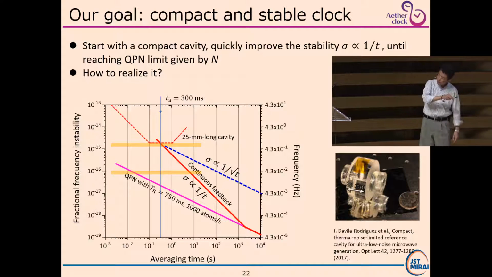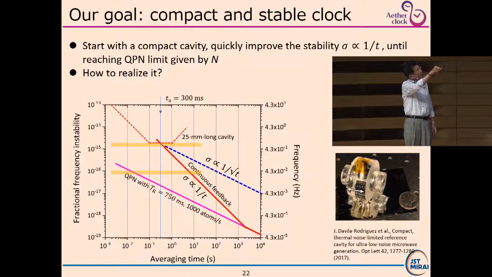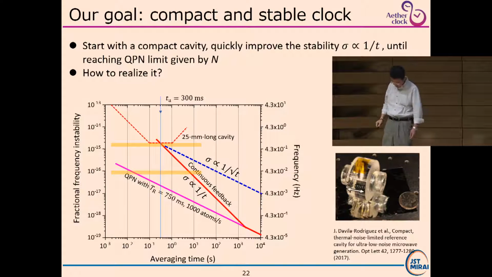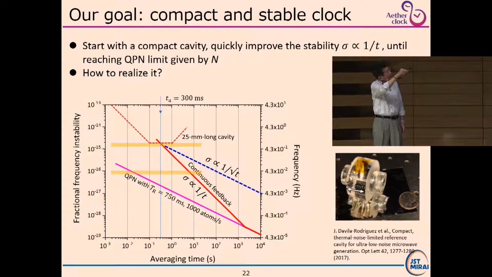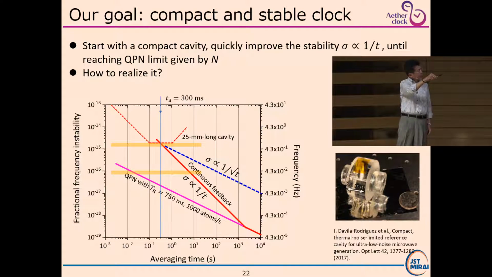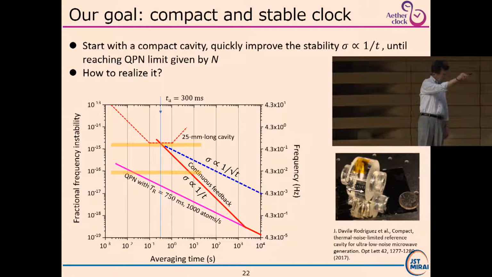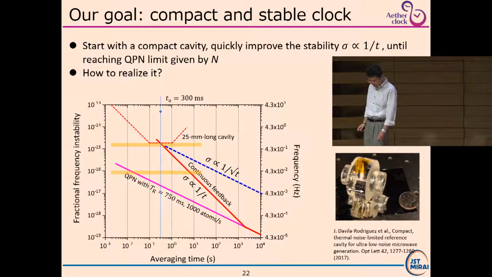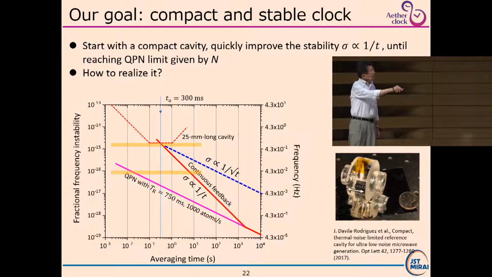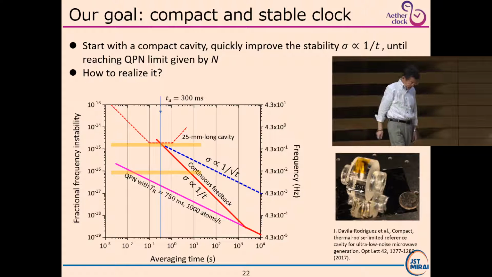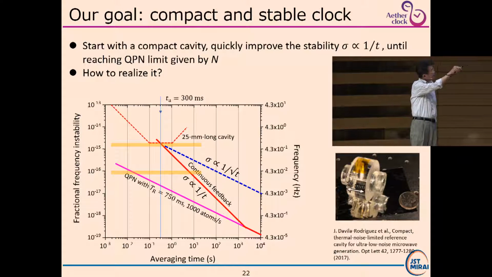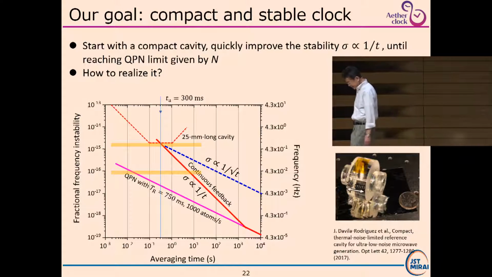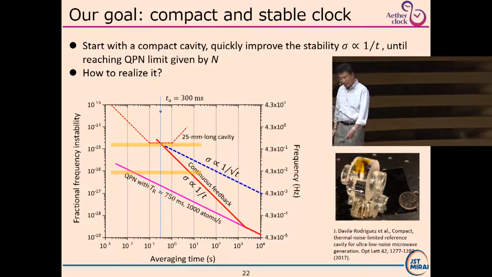But if you quickly improve the stability by 1 over tau, then it leads to a quantum projection noise limit of, for example, 1,000 atoms in 15 minutes or so at the low 10 to the minus 19. This is a line we want to draw.